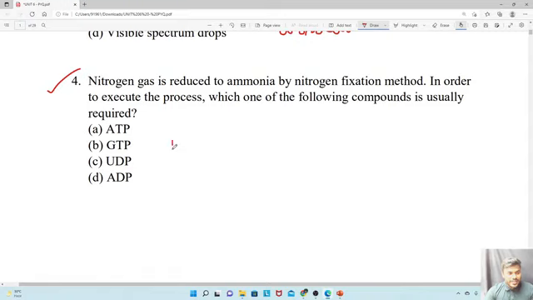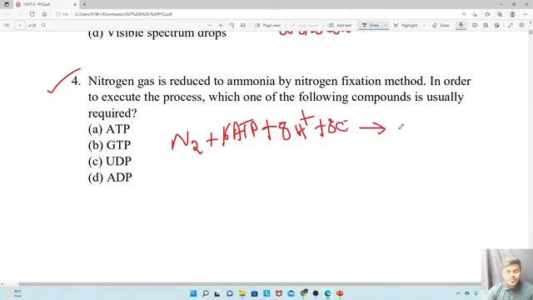Friends, we read, right? Nitrogen plus 16 ATP molecules plus 8 protons plus 8 electrons is going to give rise to what, friends? It is going to give rise to 2 molecules of NH3, we read, right?